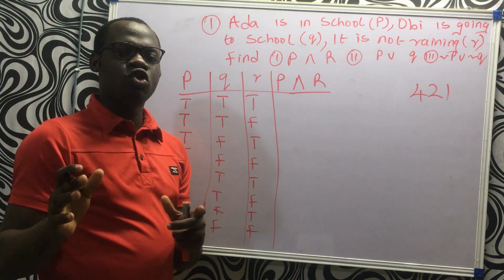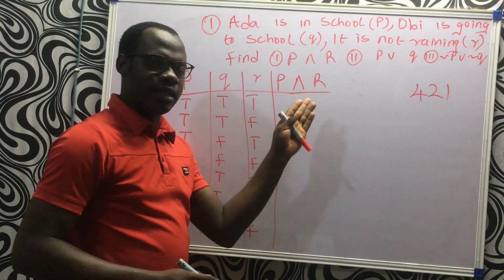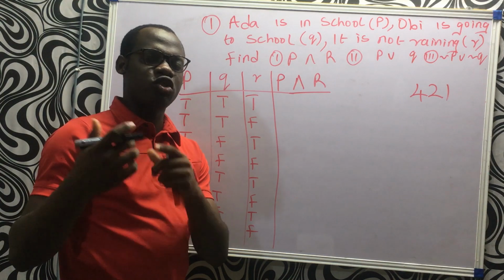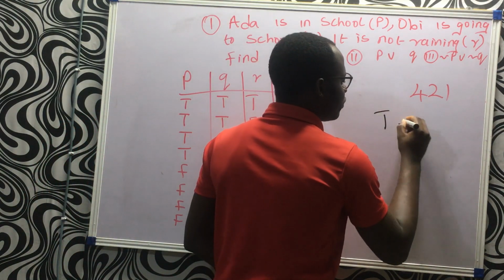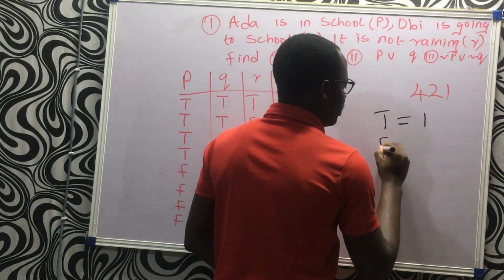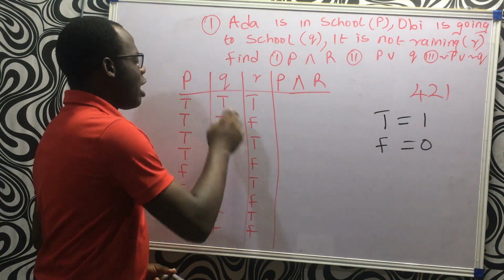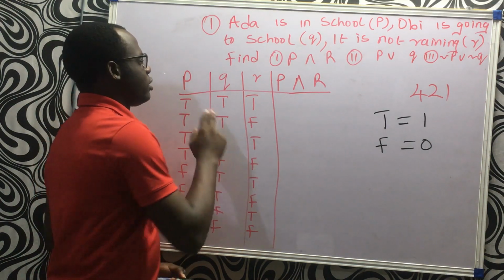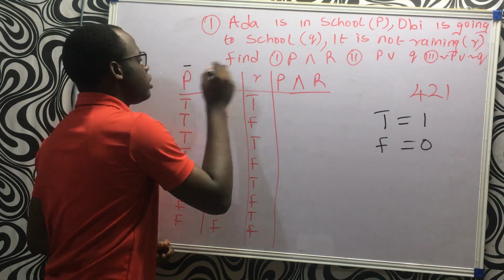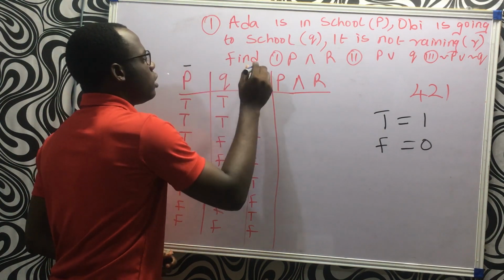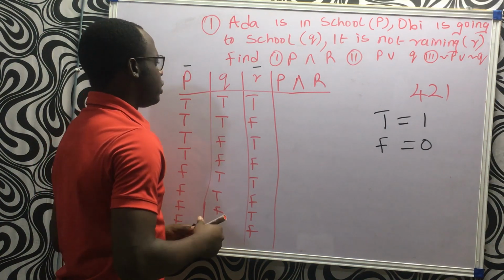Or we can also use the law of multiplication, because when you see AND, it also means multiplication, where T equals 1 and false equals 0. So for P and R, we'll be using this column and this column.